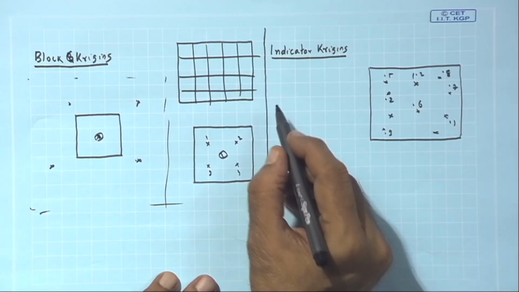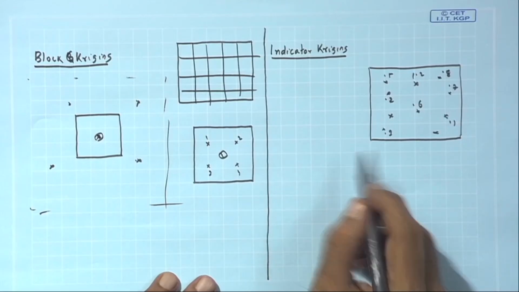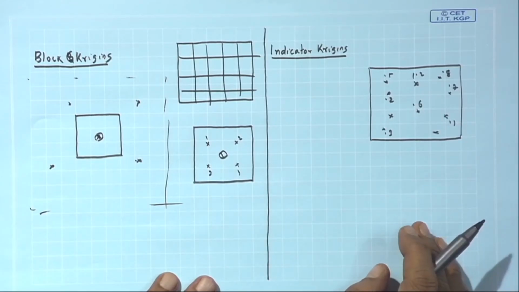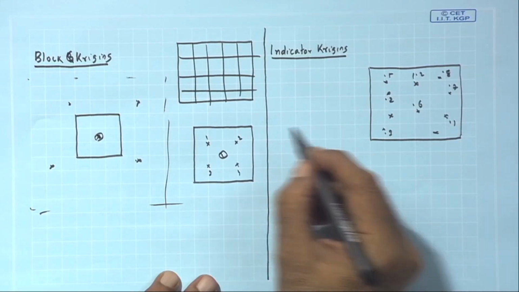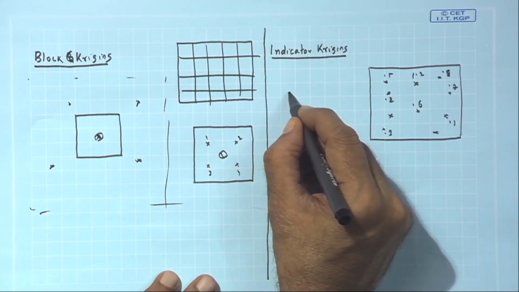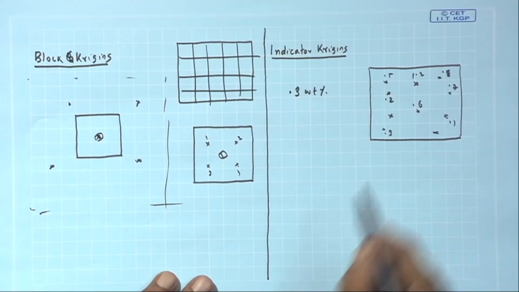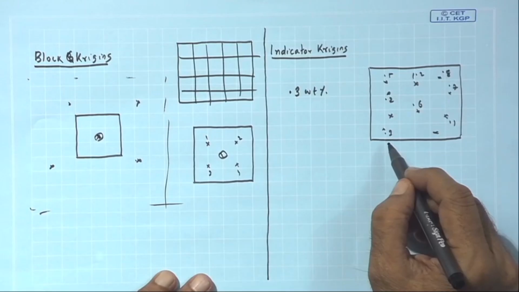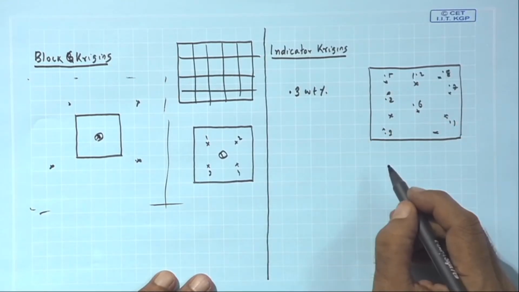Now suppose in this particular deposit, from the calculations that we did earlier for the cutoff grade, we have come out with a cutoff grade of 0.3 weight percent of the metal. So out of these points, the points which are above 0.3 can be marked as 1.